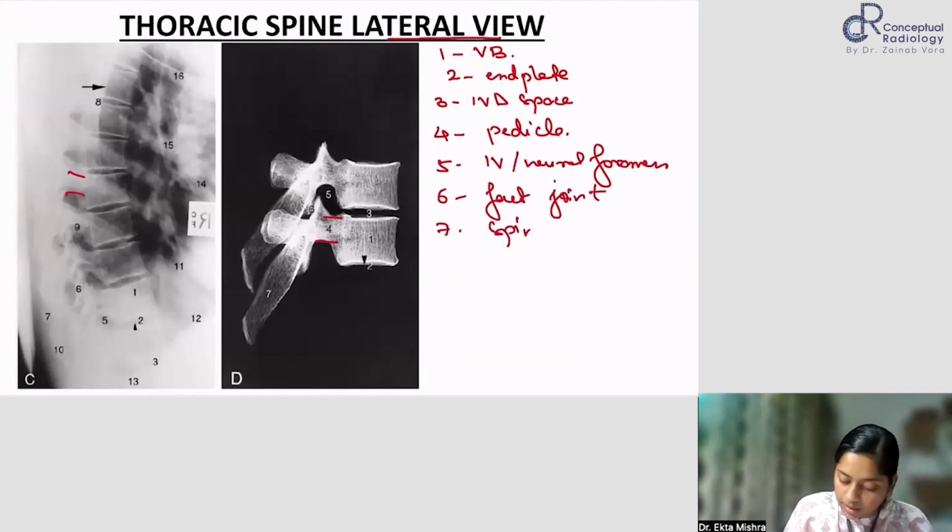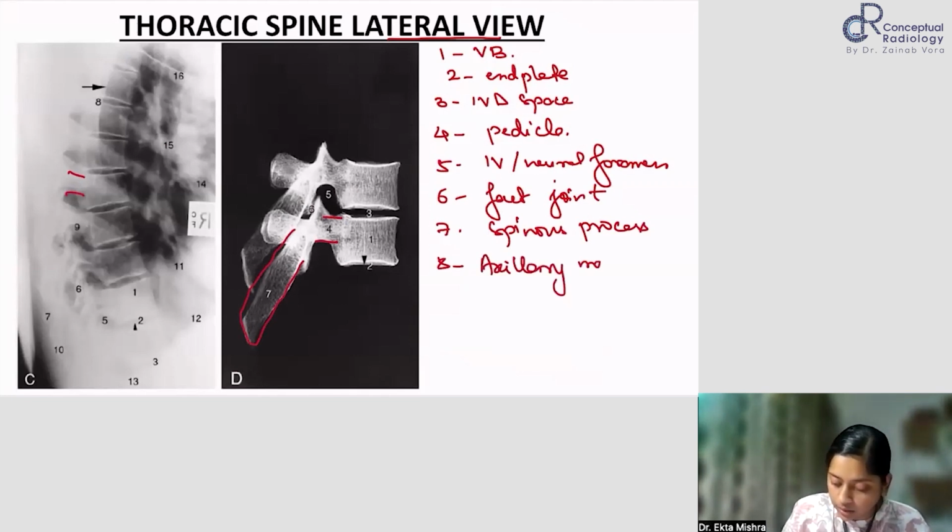Seventh is spinous process. I told you the spinous process is clearly seen on the lateral view. Eighth is the axillary margin of scapula. This part.